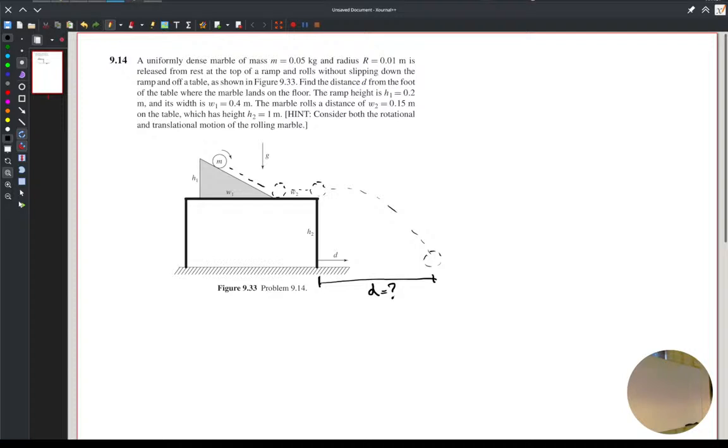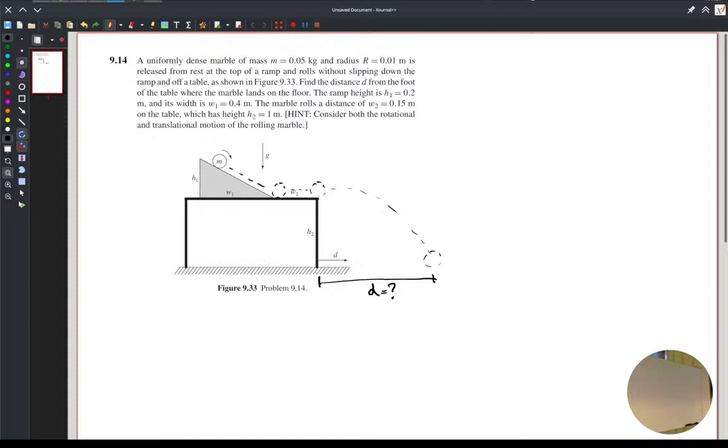Yeah, like kinematics, giving total distance. Okay.